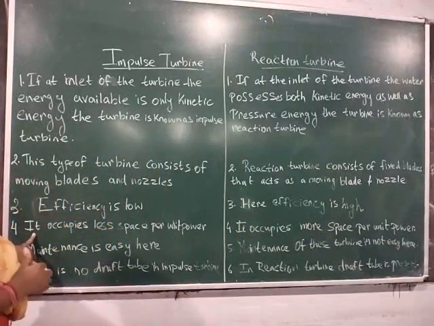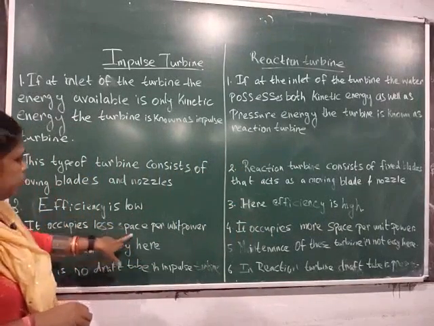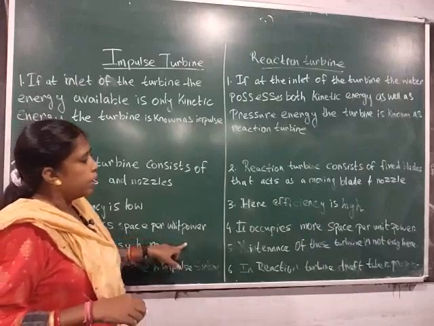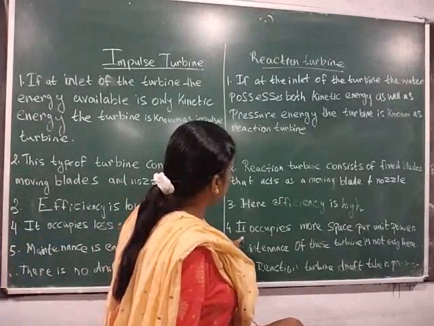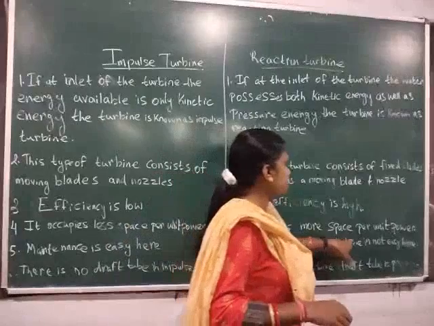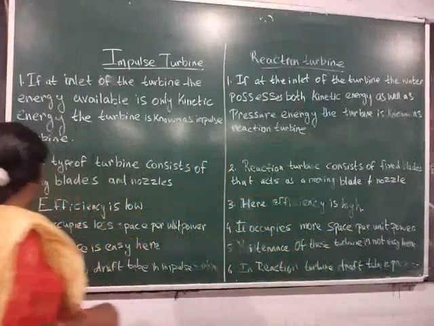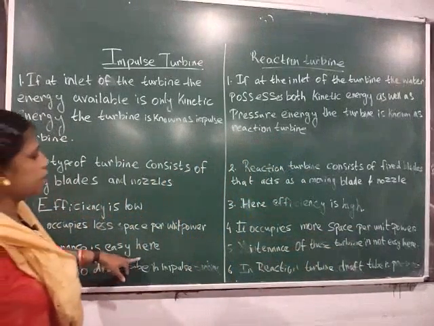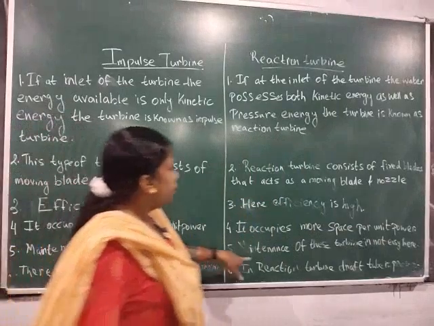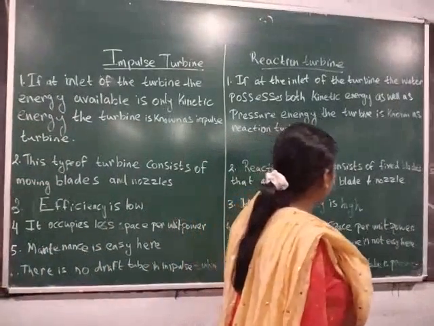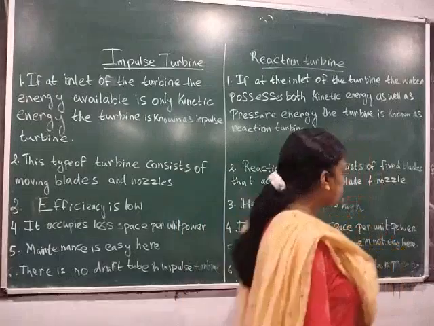An impulse turbine occupies less space per unit power, and a reaction turbine occupies more space per unit power. Next, maintenance is easy in case of impulse turbine. Maintenance of this turbine is not easy.